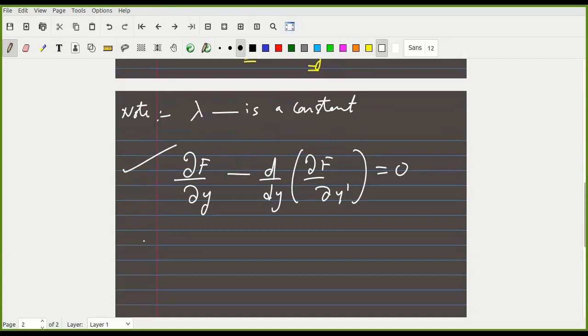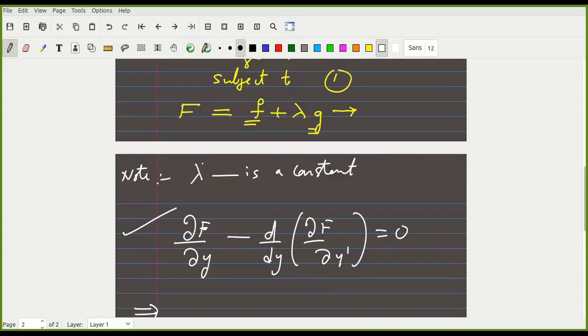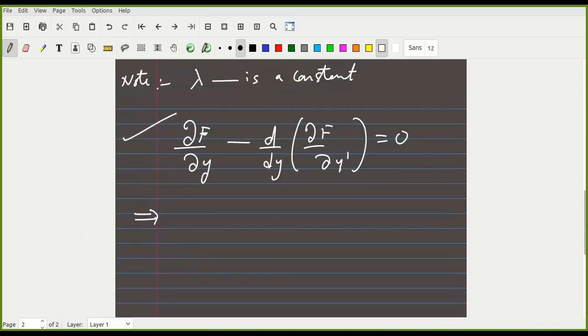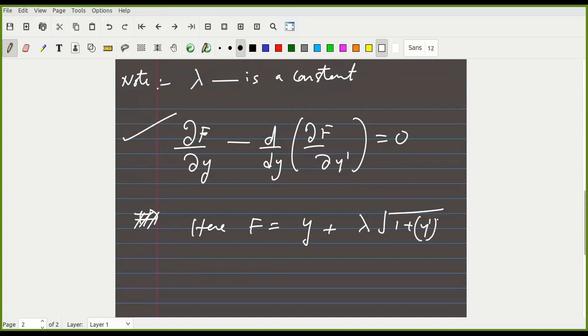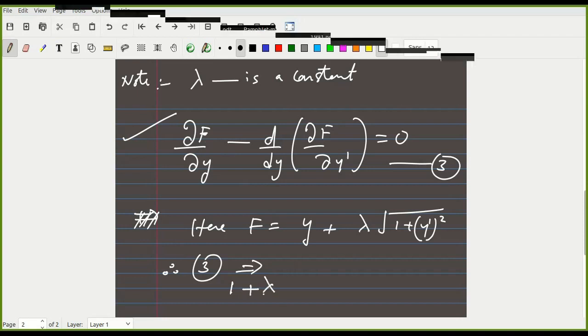So if you substitute in place of f my functional f plus lambda g, my f can be understood as y plus lambda times root of 1 plus y dash the whole square, correct? So therefore, let's say this is 3.